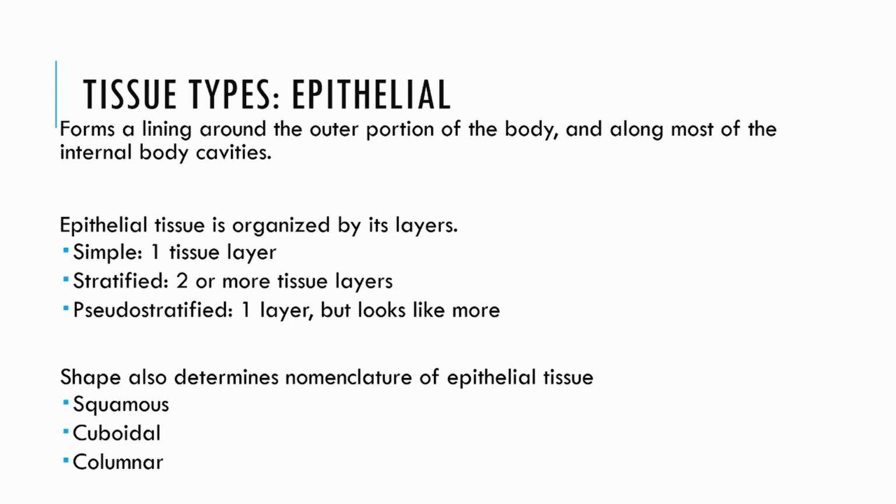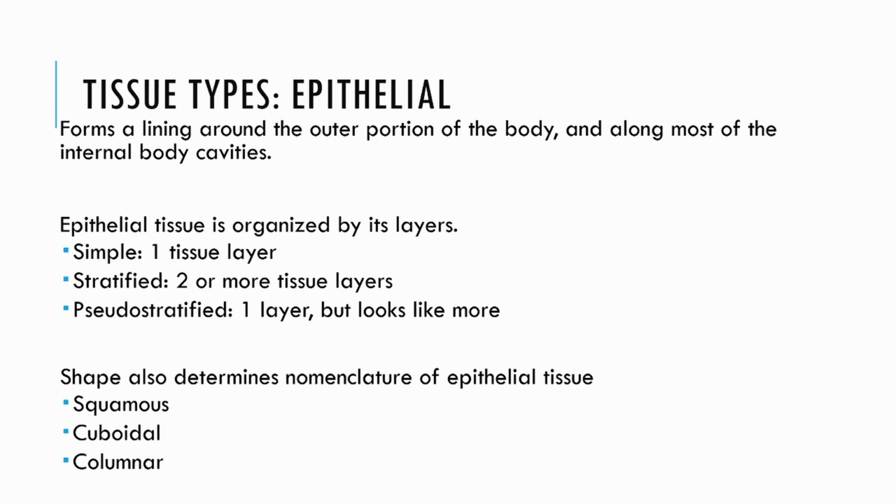When we are organizing and naming epithelial tissues, we organize them based off of how many layers they have. So we have three different ways to organize epithelial tissue based on layers. One layer, two or more layers, and then one layer that kind of looks like it might be more. It's not very even. One layer, or one cell layer, would be considered simple epithelial tissue.